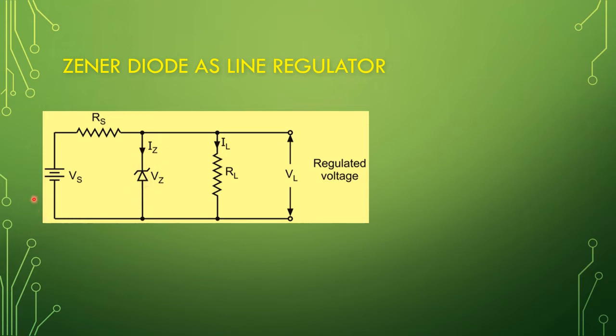The P side is connected with the negative terminal of the power supply, and the N side is connected through the limiting resistance to the positive terminal of the power supply. This is the load resistance RL, and this is IL, the load current, and from here we get the regulated voltage. In the previous class we discussed load regulation. In today's class we discuss the line regulator.